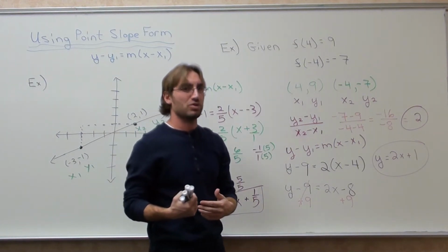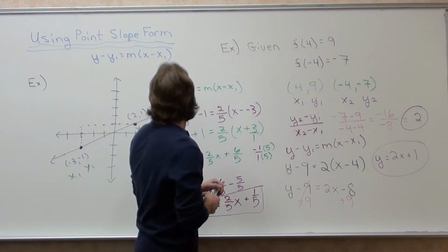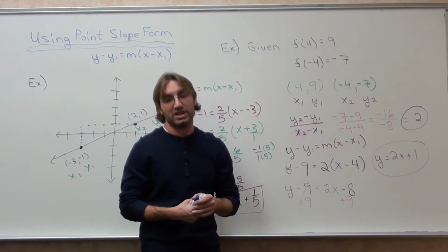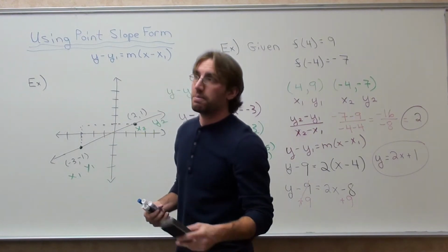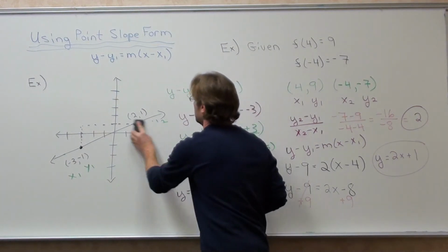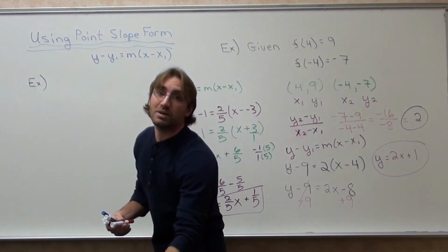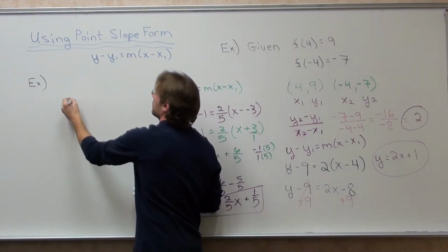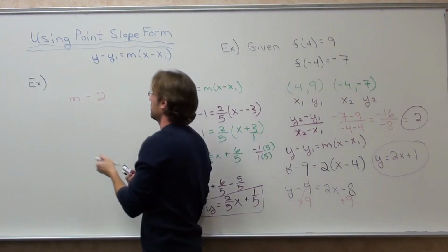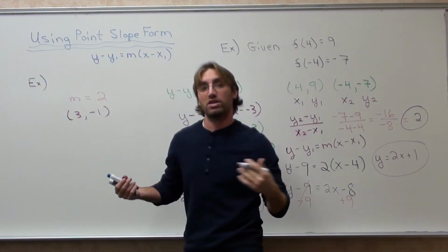Those are 4 different types of examples you'd see, for the most part. And given that piece of information, you can figure it out relatively easily. I mean, other than that, the only other example I can think of off the top of my head, and I'll show it as a precursor, but I'm not going to go ahead and do the problem, is this. You might get a problem that says m equals 2, and it passes through the point 3, negative 1.